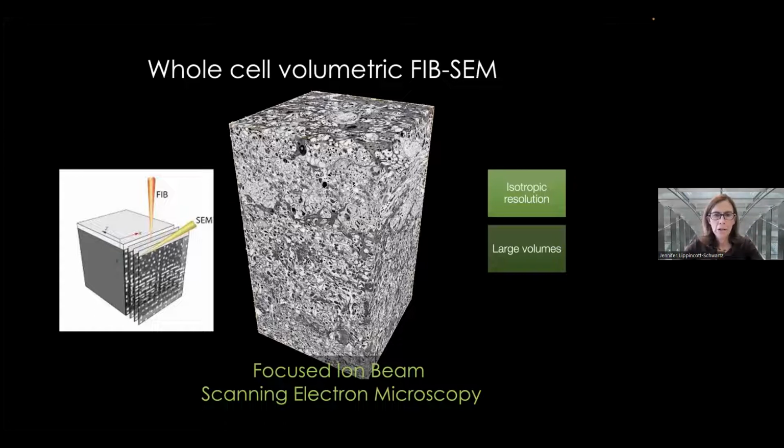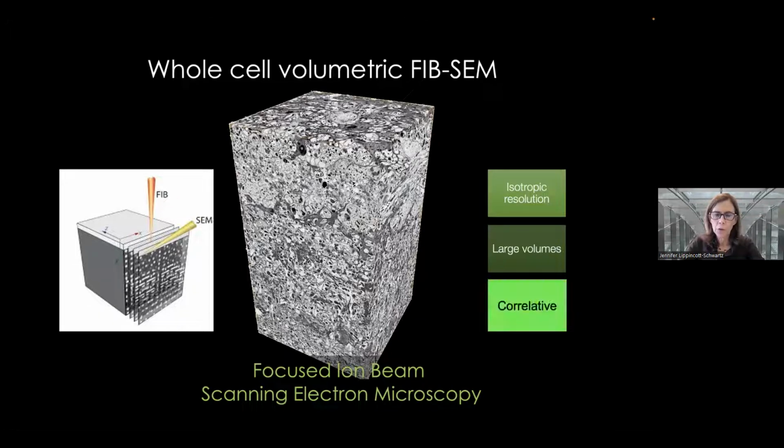The scanning EM gives you very fine XY resolution, and the FIB mills off small parts of the tissue to allow you to reconstruct at fine Z resolution the whole three-dimensional organization of the object that you're looking at. So it's isotropic, large volumes.